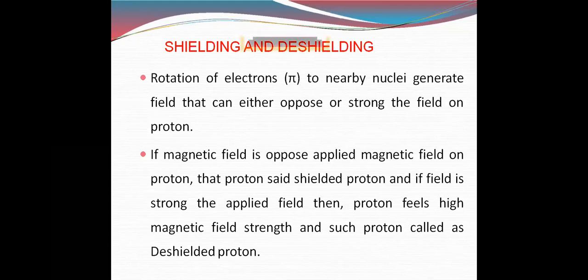There are 12 similar protons in tetramethylsilane (TMS), and they oppose the applied magnetic field, so they are shielded. If the field strengthens the applied field, then the proton feels a high magnetic field strength, and such a proton is called deshielded.